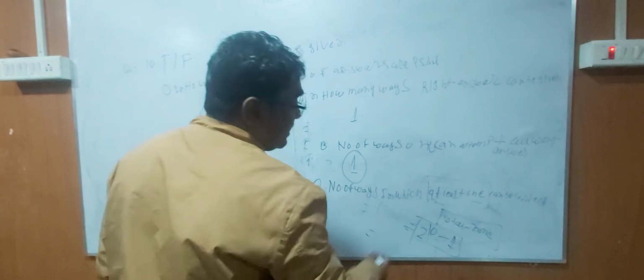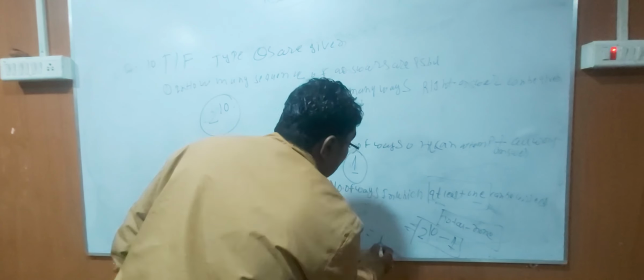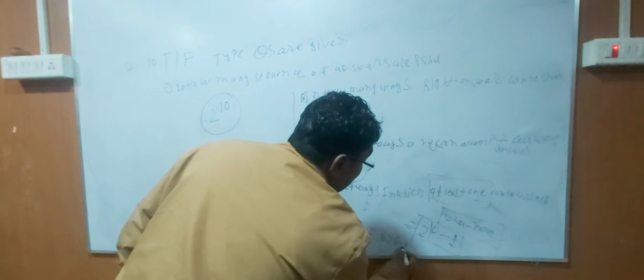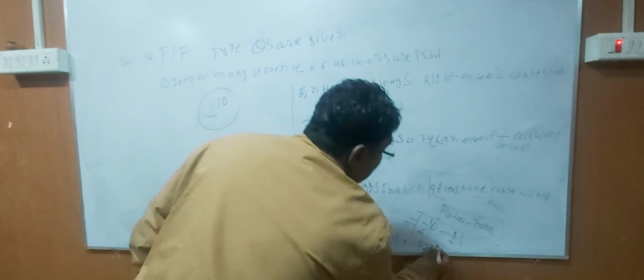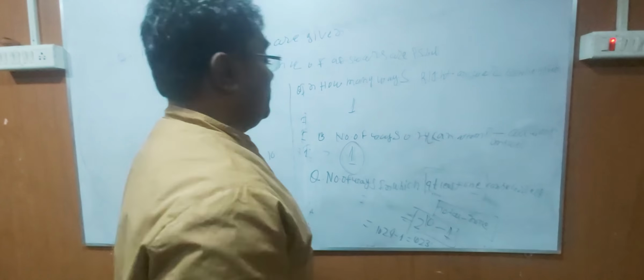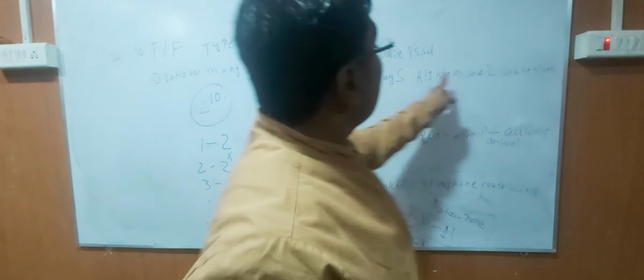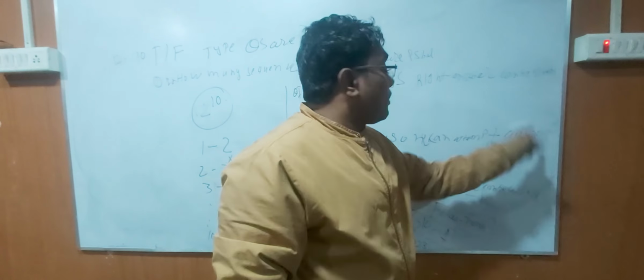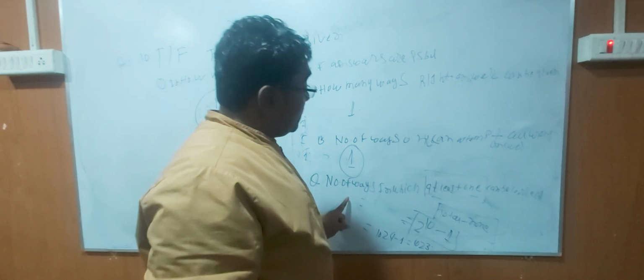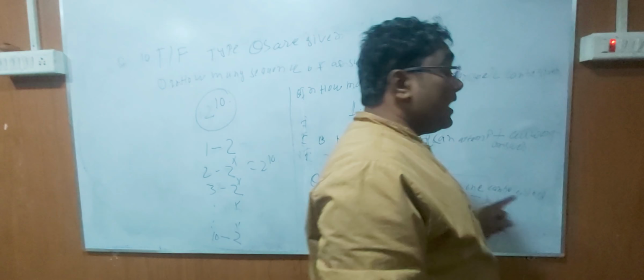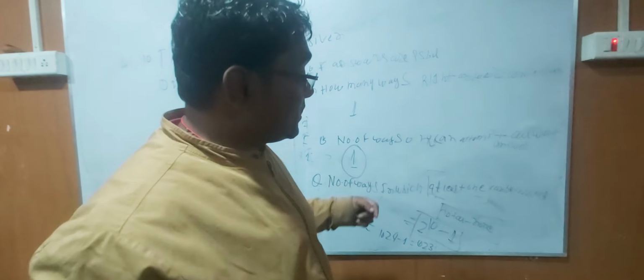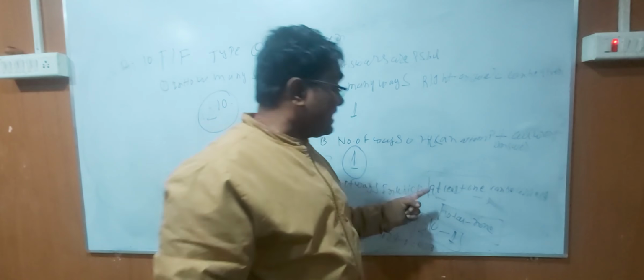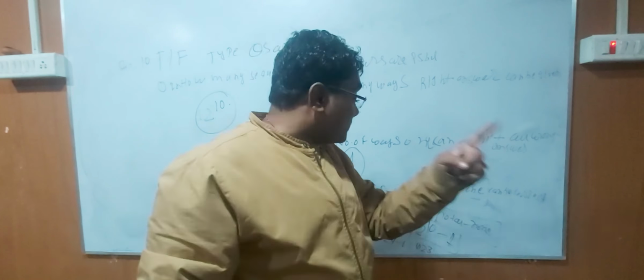2 to the power 10 minus 1 is 1023. 1023. Okay. Right answers, all right, means 1; all wrong attempted, 1. And whenever at least comes, you have to understand, at least one means total minus none.